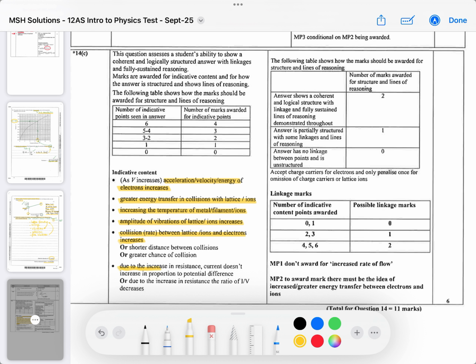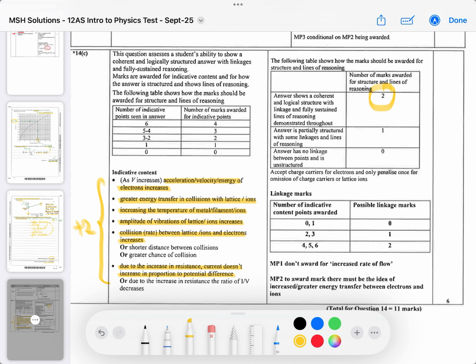And then due to the increase in resistance, the current doesn't increase in proportion with the increase of potential difference. So with clarity, you can get 4 marks from just mentioning these things, and then they add 2 depending on the clarity of your answer.